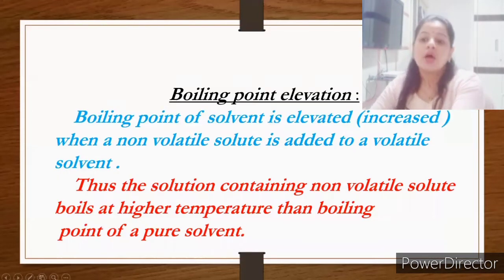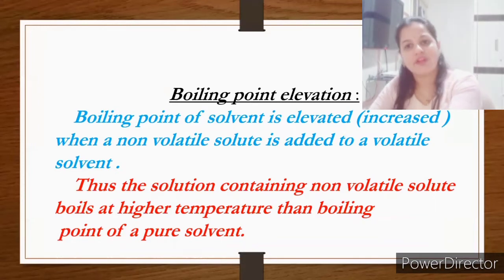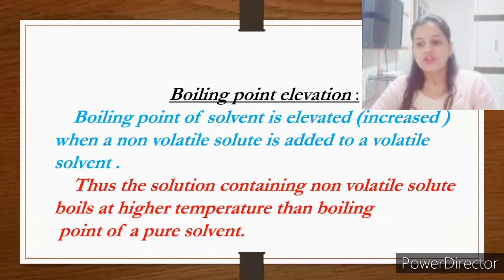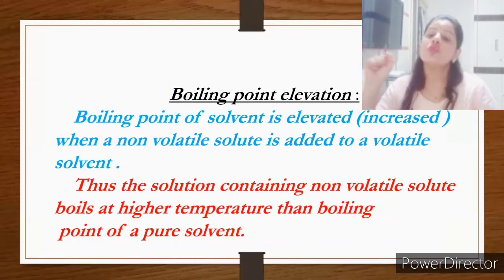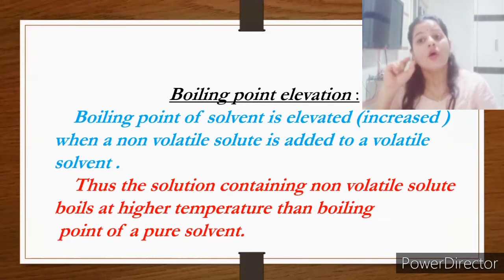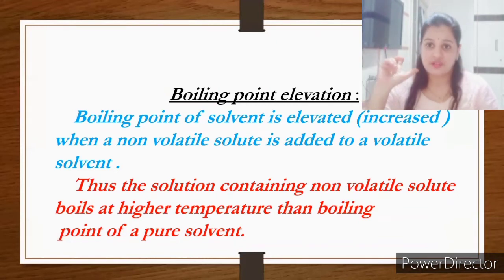Now we will come to our main point, the second colligative property, that is boiling point elevation. Elevation means to increase, meaning the boiling point gets increased. When does the boiling point get increased?